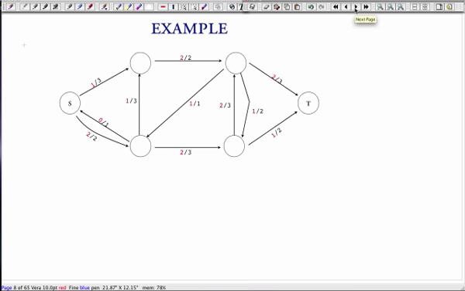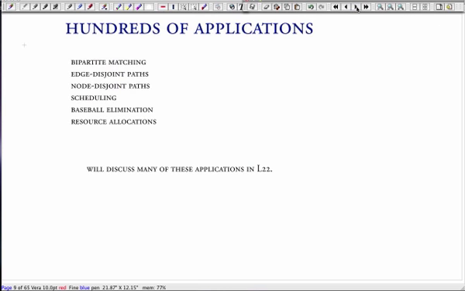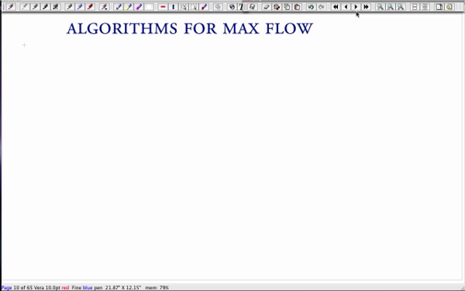This was an example of a particular flow. The red value is always going to be the flow, and this is always going to be the capacity. There are many applications, and I'll certainly show you several. That brings us to the problem definition.